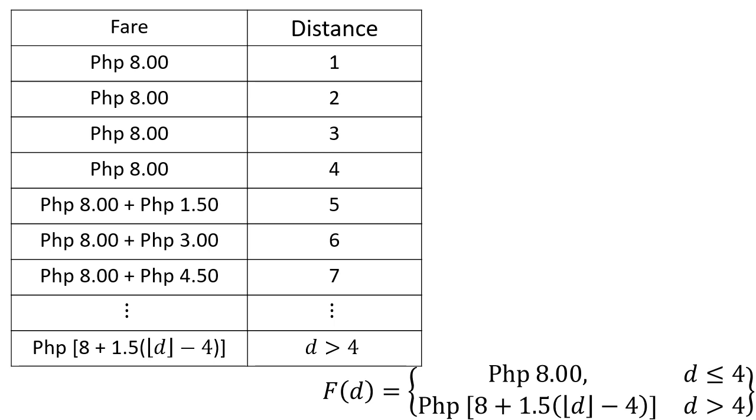Okay, bakit natin nilalagyan ng floor function? Again, because madadagdagan ka lang ng 1.5 kapag naabot mo na yung susunod na integer kilometer. Hanggat hindi mo pa yun naabot is ira-round down natin siya sa pinakamalaking mas mababang integer, which is basically the definition of floor function.